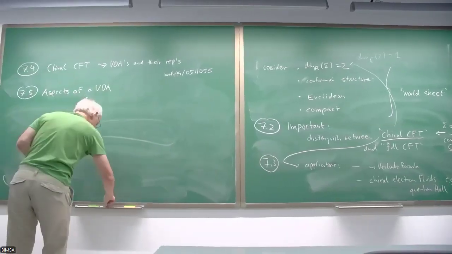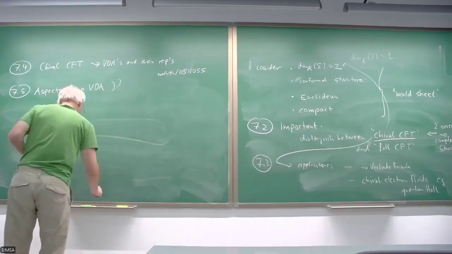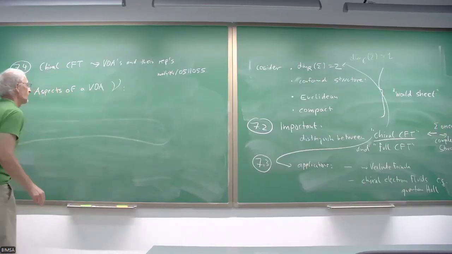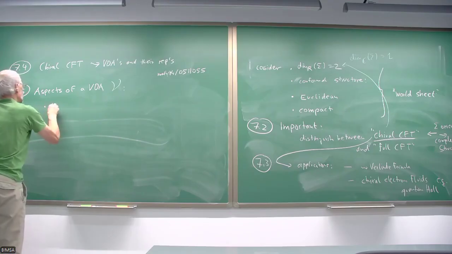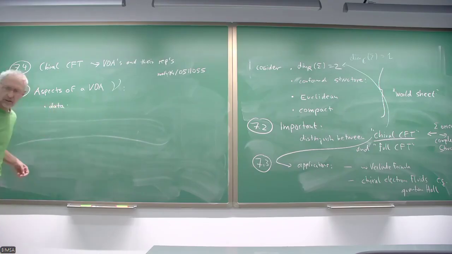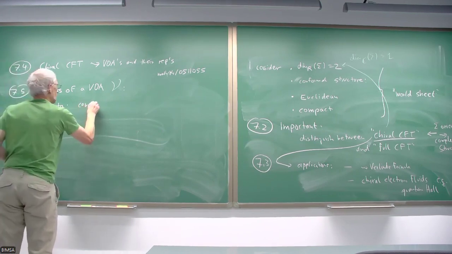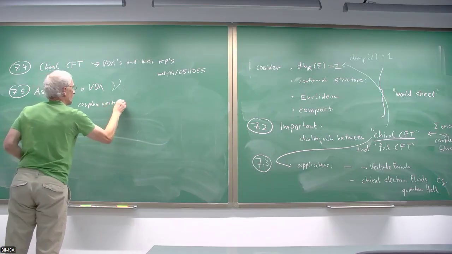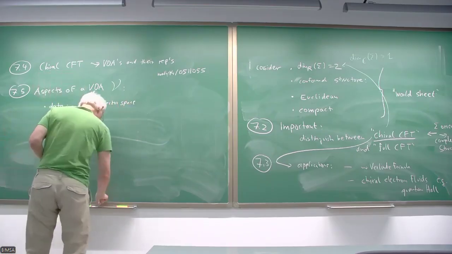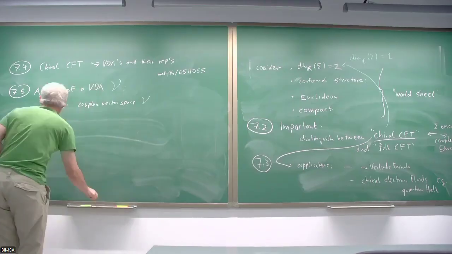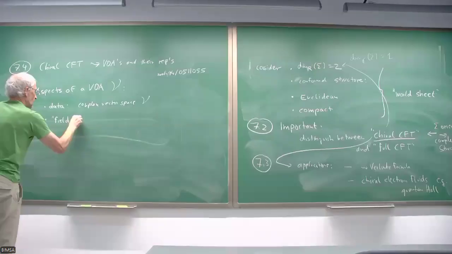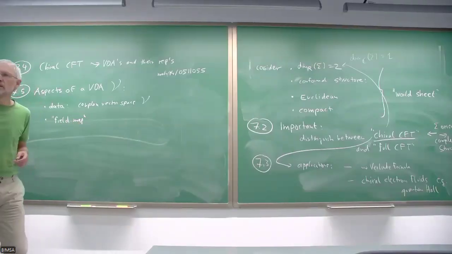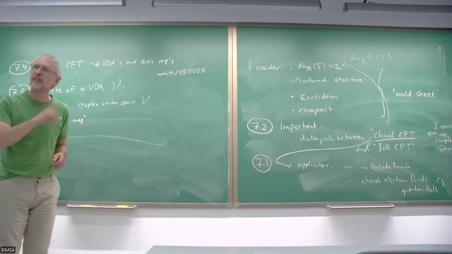I will denote the vertex algebra maybe always by V, and this will involve the following data. First, a complex vector space, which I also call V, and then what is called a field map. Robert, if I say anything wrong, please correct me, yes?